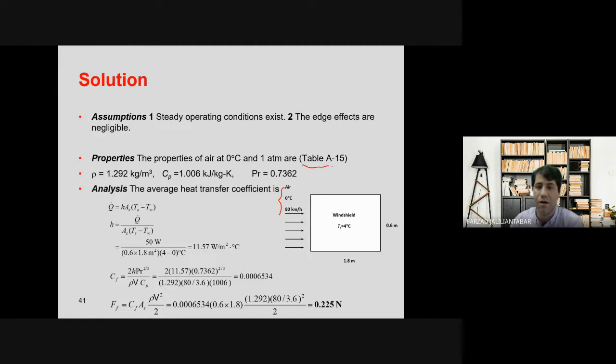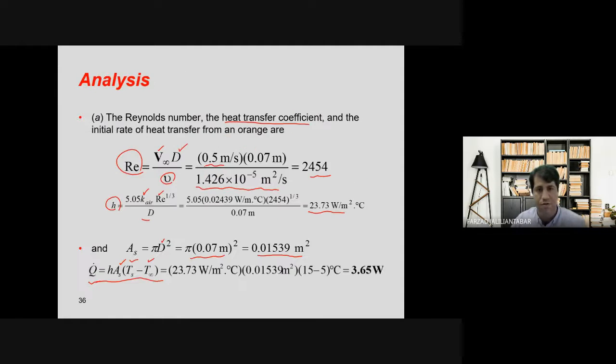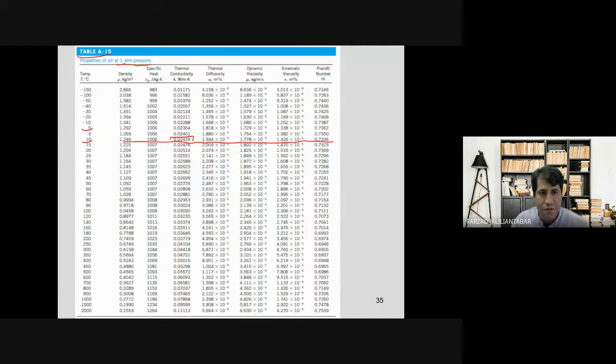First of all, we always need to go to Table A15 to find the properties, because here it is mentioned that pressure is 1 atmosphere. Table A15 is information related to properties of air at this pressure. Find the temperature, 0 degrees Celsius, then these are the properties.